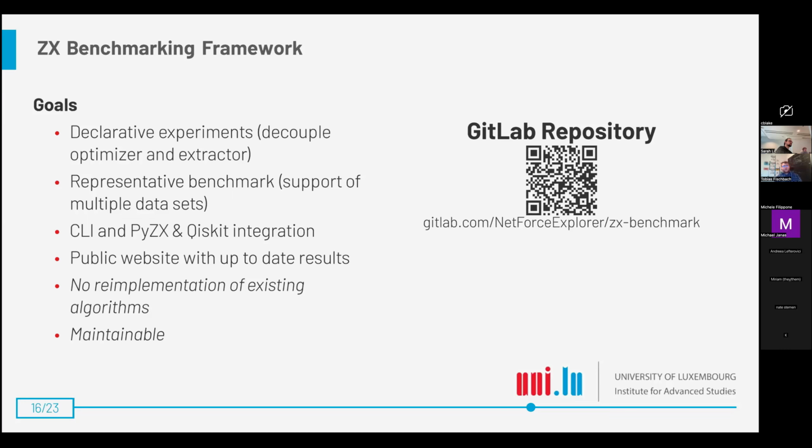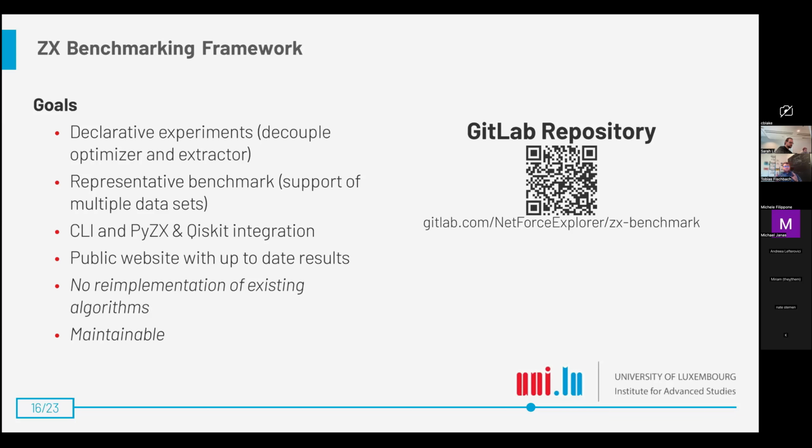Also, I would like to run my benchmark on multiple data sets. So not just on the standard quantum benchmark set, but also on a different set of random circuits. I wanted it to be easy to use so that you can just use the CLI, or a very simple Python API.